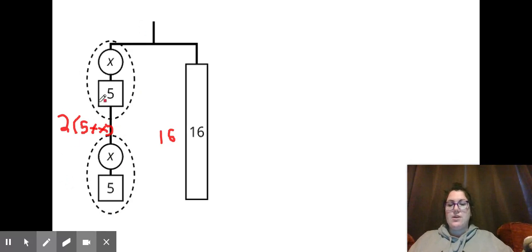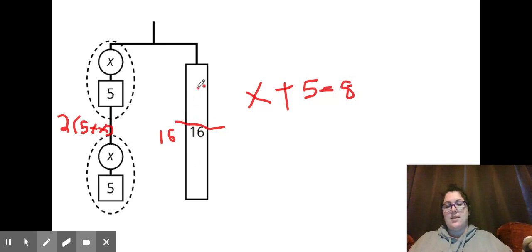We can approach this in a couple different ways, as you saw in the last activity. One of the first things we could do is figure out what one group is. So we're going to do 16 divided by 2, and that would be 8. So that means x plus 5 equals 8. And then we can do what we did in the first activity. Let's draw a line here.